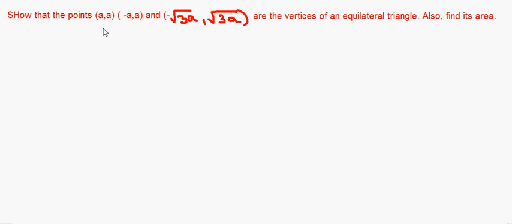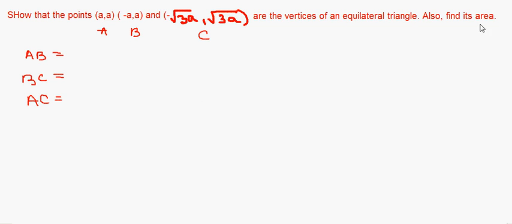Let me name them as A, suppose this is B, and suppose this is C. To find if these are the vertices of an equilateral triangle, we need to prove that the distance between all the 3 sides, that is AB, BC and AC, should be equal. So you first use your distance formula to find AB, then the sides BC and AC. If you find all the three distances to be equal, it proves that it is an equilateral triangle.